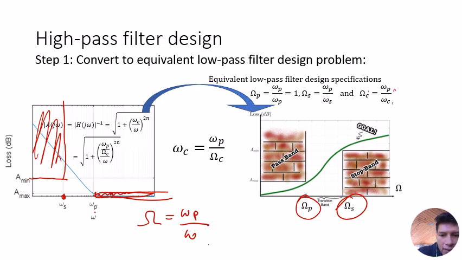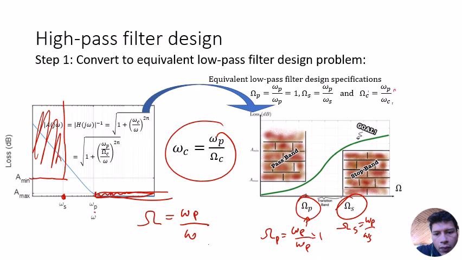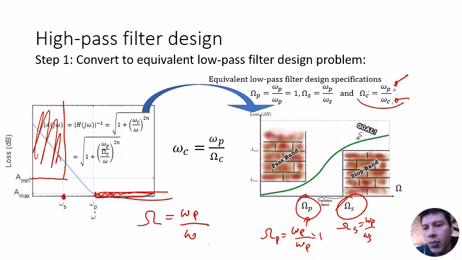So capital omega p is omega p over omega p, which is just 1. Capital omega s will be omega p over omega s. And our cutoff frequency will be omega p over omega c.